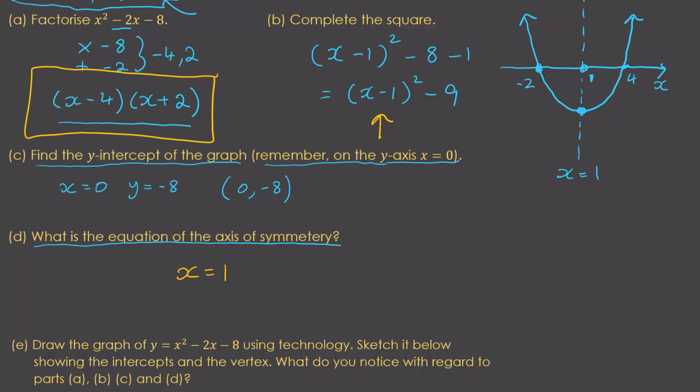The vertex of our graph was at 1, negative 9, and we can get that from the completed square form. We change the sign on the negative 1 here, and we keep the sign there for the y coordinate. So that's how we get that, and of course that also gives us the axis of symmetry. And note that we did find the y-intercept of 0, negative 8.